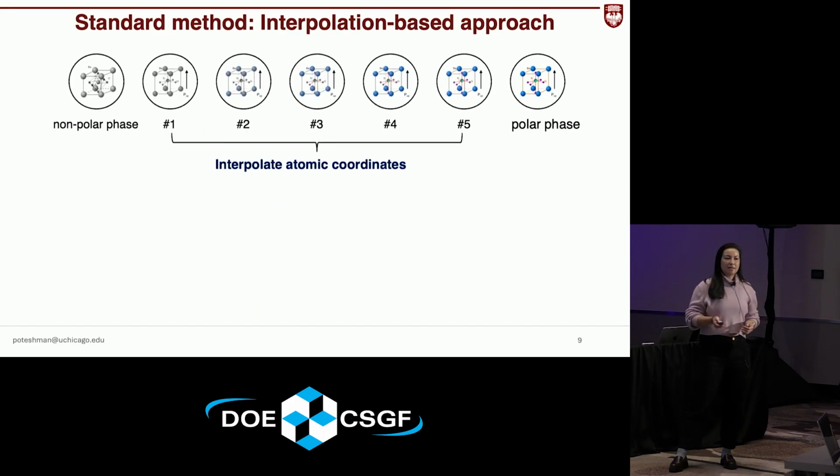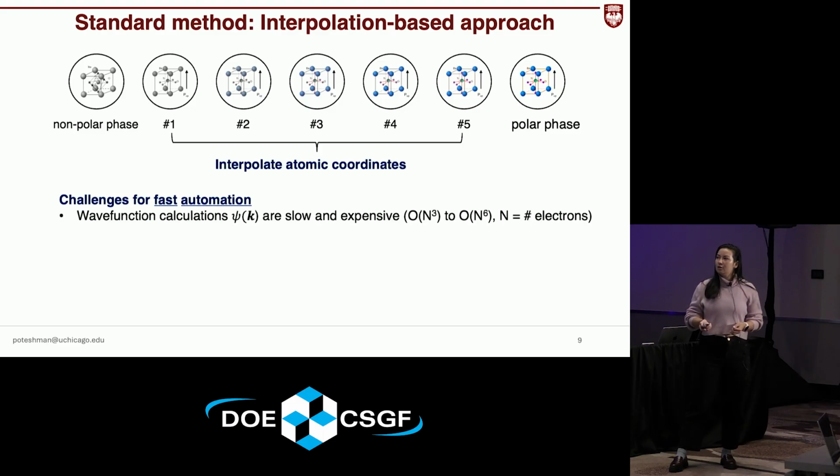My claim is that if you want to do this procedure for one material, this is fine. If you can babysit all of the intermediate calculations, this is going to, roughly speaking, give you the right answer if you're doing it correctly. However, in terms of automation, this poses challenges. Going back to our original motivation of high-throughput computational screening, this interpolation-based workflow is not so great.